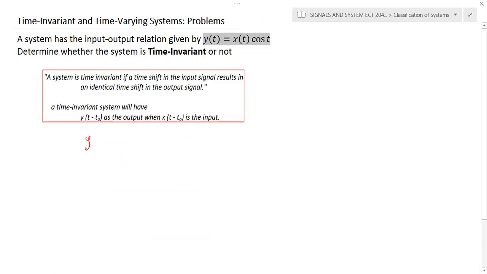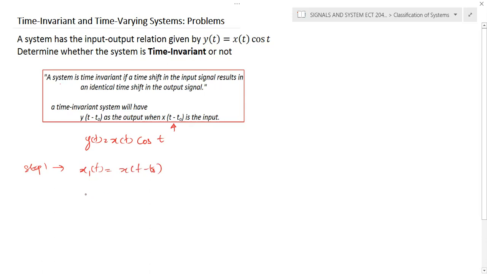Here y of t is given by x of t into cos t. Again, in step 1, we will apply an input x of t minus t0. That is, we can consider an input x1 of t, which is a shifted version of the input x of t minus t0.